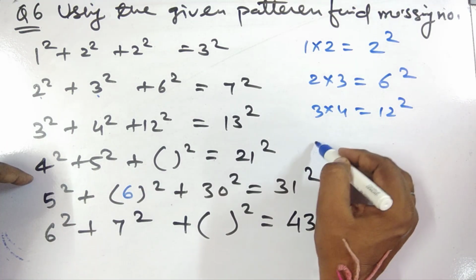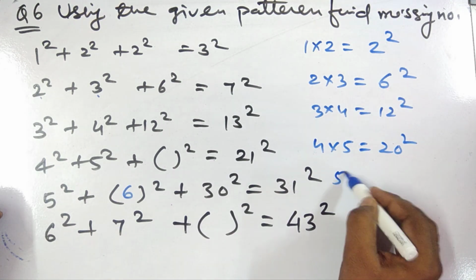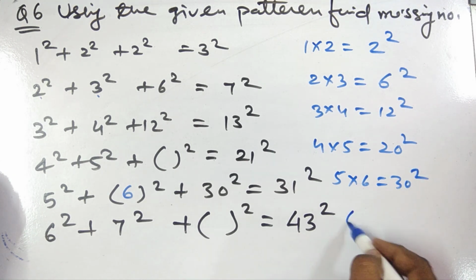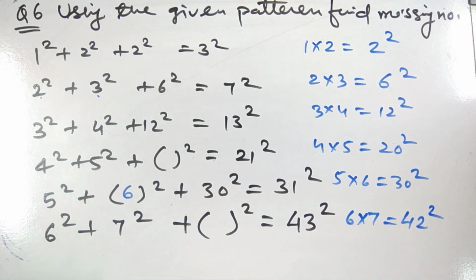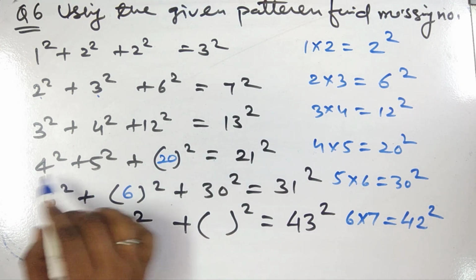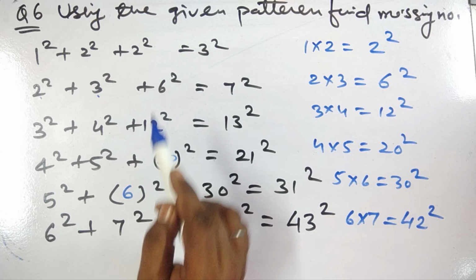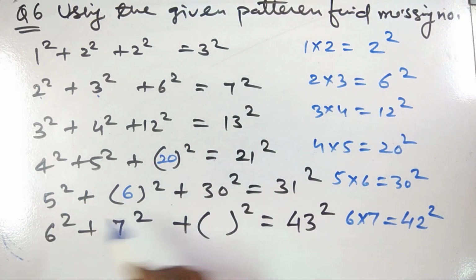Then 4 into 5 is 20 square. 5 into 6 is 30 square. 6 into 7 is 42 square. So students, here 20 square is 4 into 5, the third number is a multiplication of the first and second, like that. So for 6 and 7 it is 42 square.